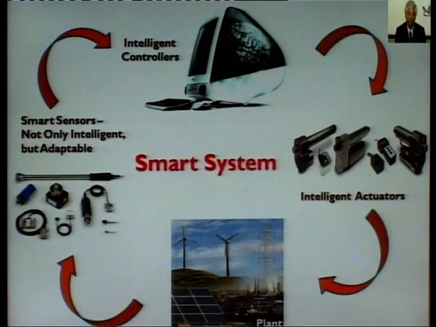For example, there is a plant on your screen. You can have smart sensors and intelligent actuators, and suppose a windmill station is like this, you can control this plant smartly, that means automatically, with more automation, which is why it is also known as an intelligent controller.